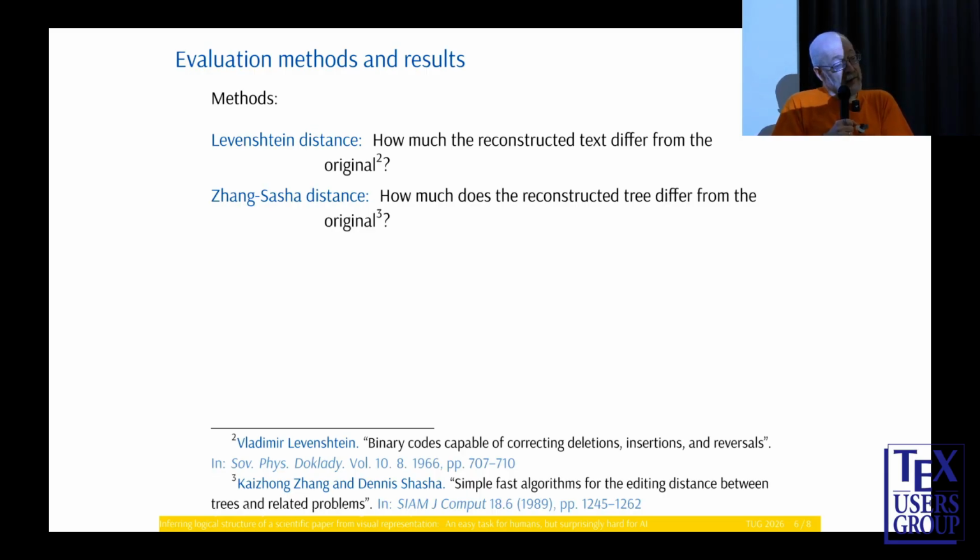We had a couple of measures. We have string distance between the result and ground truth, and so-called Zhang-Shasha distance, which is basically, if you have a tree of sections, subsections, and so on, what is the difference between the ground truth tree and the tree you had?